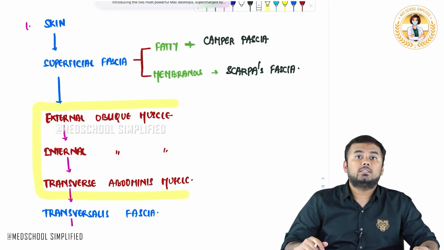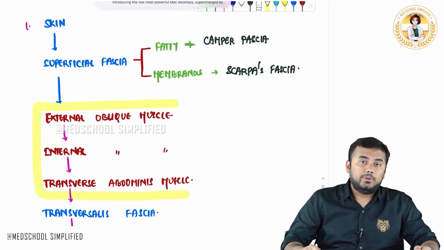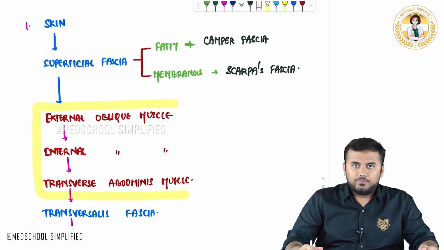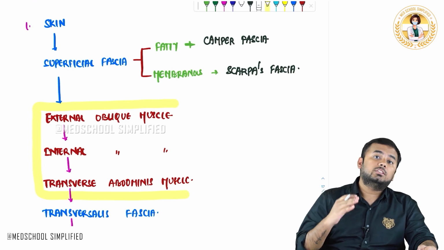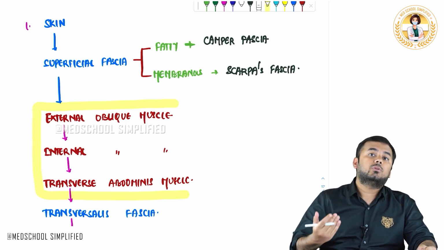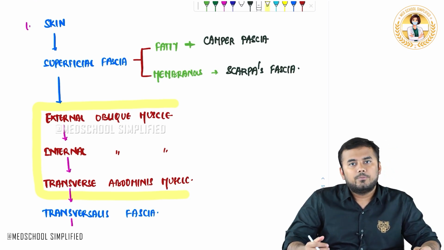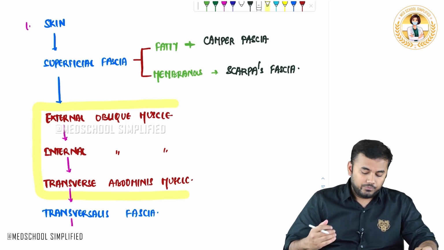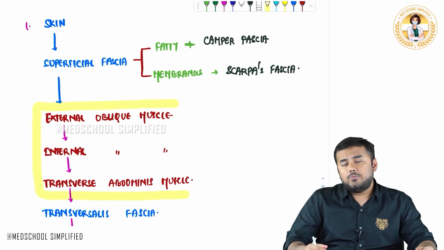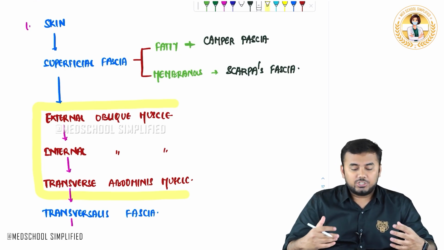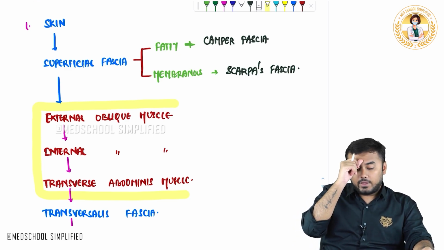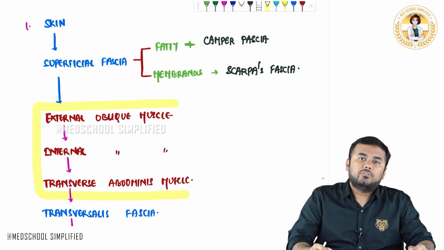The next important thing is that during pregnancy, we need the lower part of the abdomen to be stretched out. If the deep fascia were there, it would prevent the stretching of the lower abdominal wall in pregnancy. So the absence of deep fascia allows distension of the abdominal wall, mainly during pregnancy. That is the reason why we don't have a deep fascia here.